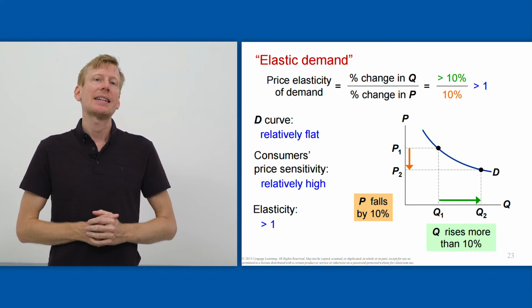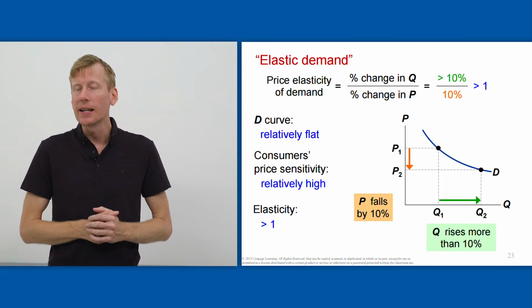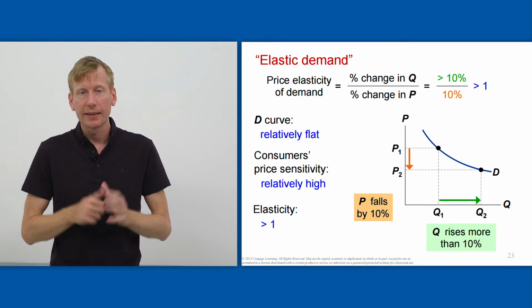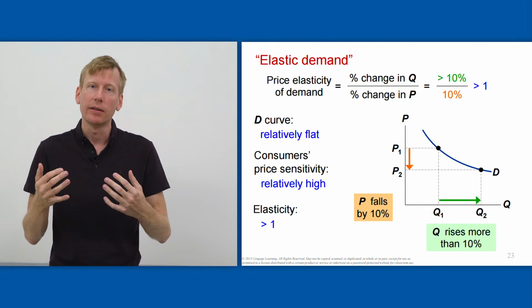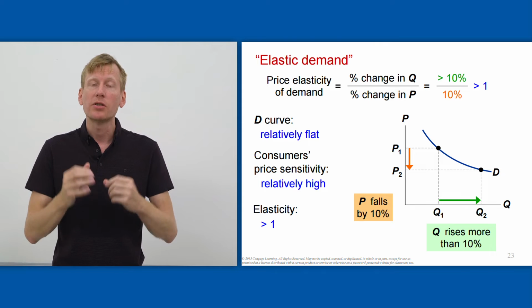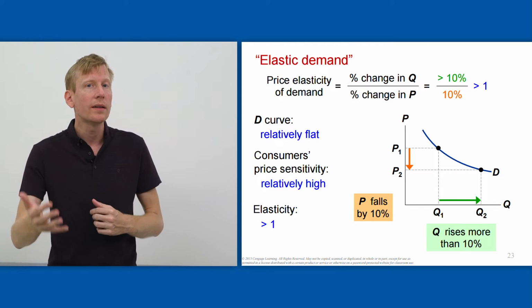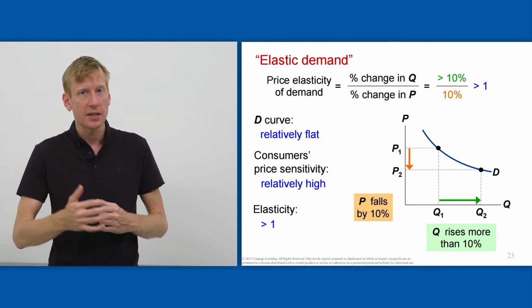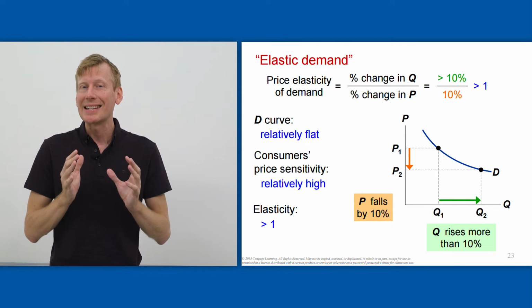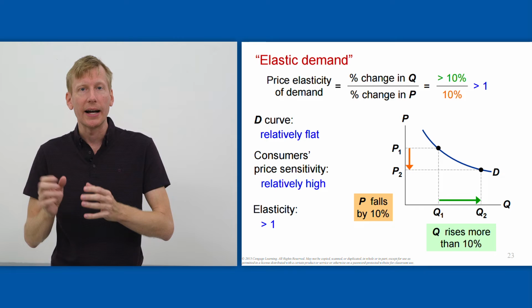Now, the next case, our fourth classification of demand based on elasticity, is elastic demand. Elastic demand is how we categorize any demand curve with an elasticity greater than 1. That means the responsiveness is higher, the responsiveness to changes in the price, such that a price change of 10% would lead to a 20% drop or a 50% drop in quantity demanded, which could give us an elasticity of demand of 2 or 5.